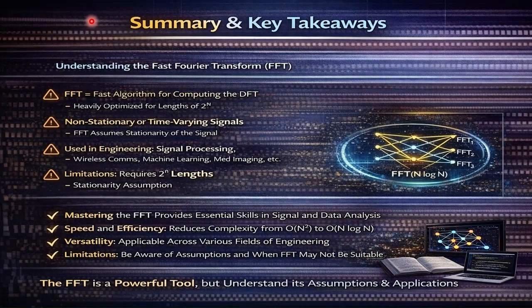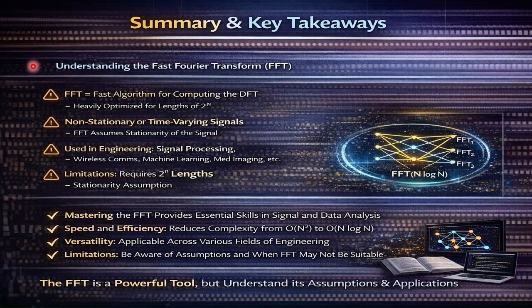To wrap things up, let's recap what we've covered today. We started by defining what the DFT is, our mathematical bridge between the continuous world and the digital one. But we quickly saw its limitation, a computational complexity of O(n squared), which makes direct calculation impossible for large-scale data.